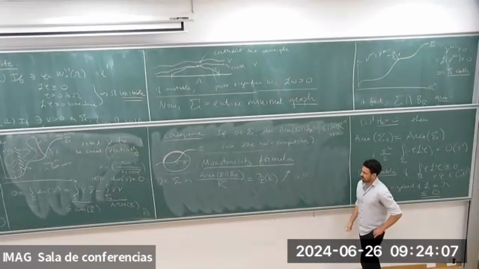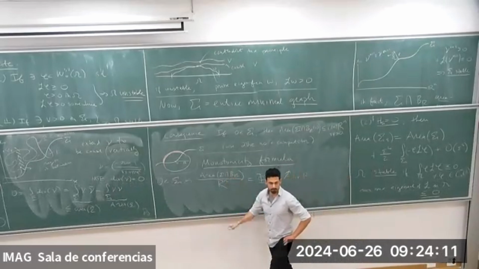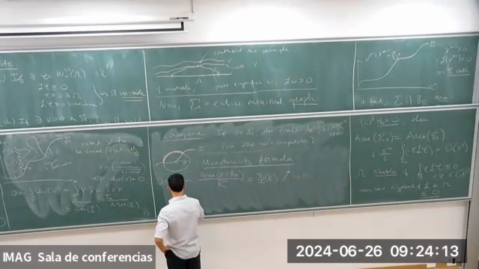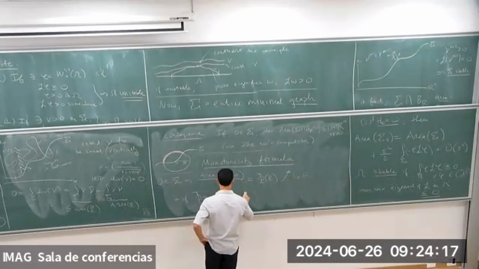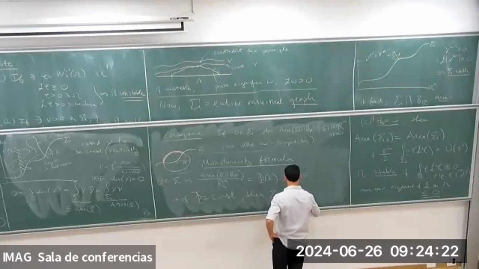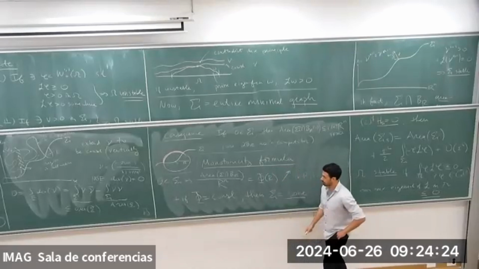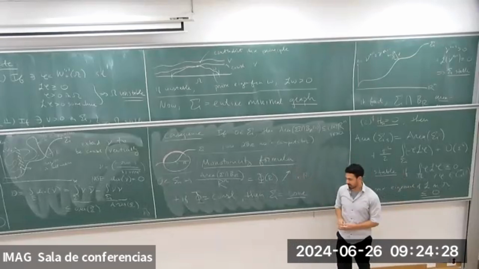And moreover, if it happens to be constant, then sigma has to be a cone. Namely, if you take dilations of sigma, then you just get sigma back.